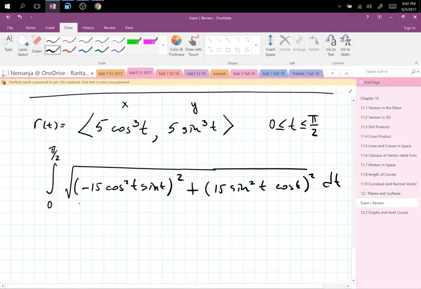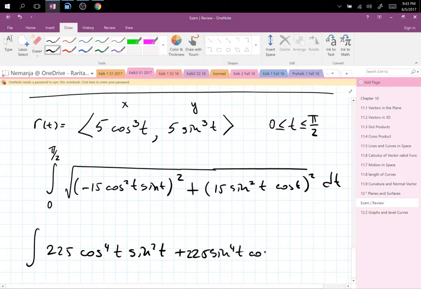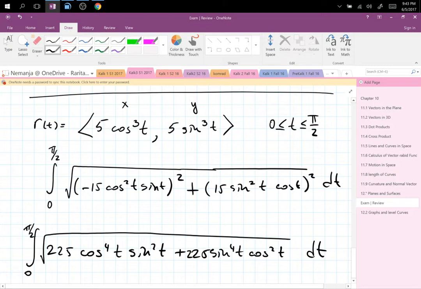We have a 15 squared, that's 225, and then we have 225 cosine to the 4th t sine squared t plus another 225 sine 4th t cosine squared t, all that under the square root dt, integral 0 to pi over 2.